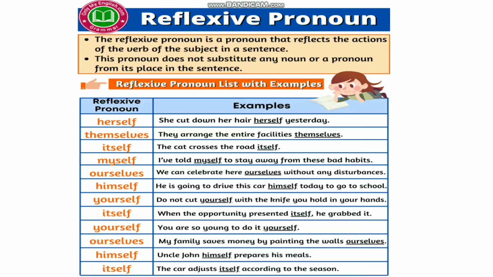They arranged the entire facilities themselves. I have told myself to stay away from these bad habits. In all these sentences, we find that the action done by the subject turns back to the subject itself. So they are called reflexive pronouns.